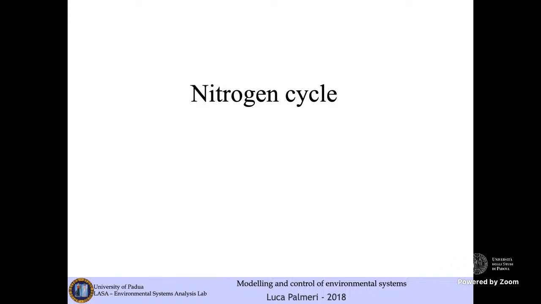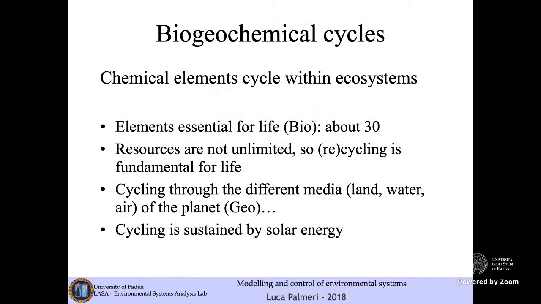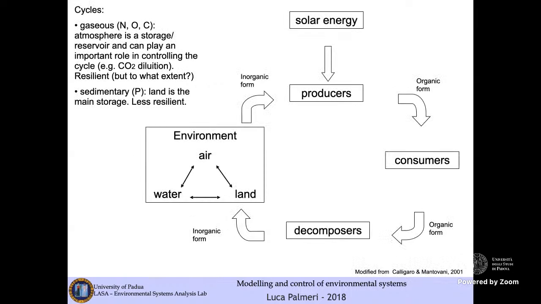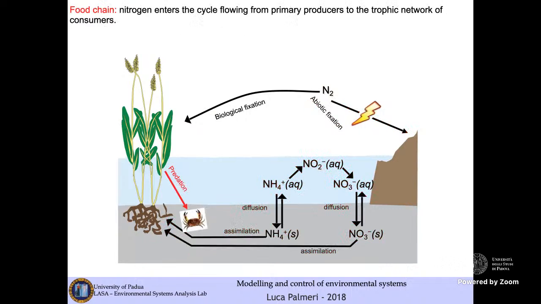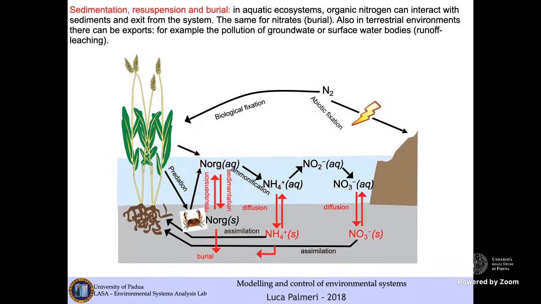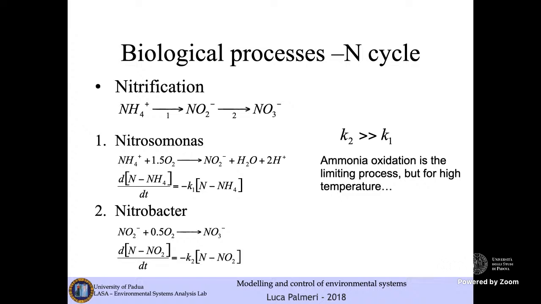Let's see, if you don't mind, I would like to stop here today, and we will go back next Thursday by describing the biogeochemical cycles of nitrogen, and we will finish with physical processes. More in detail, we will give a look at the transfer of nitrogen to various processes.